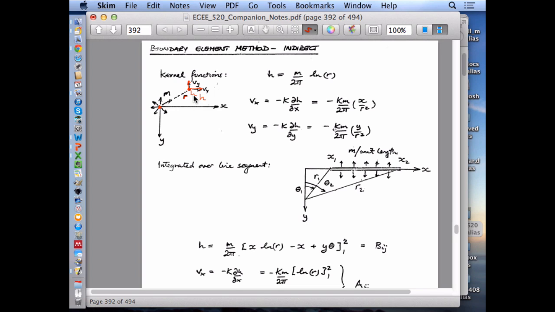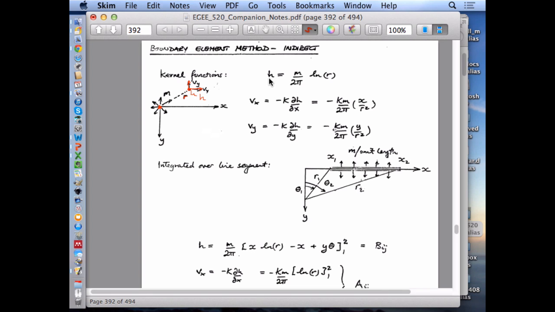So when we've talked about finite element equations, at the boundaries we have either fluxes or pressures. And so the equivalent of this in this terminology are fluxes, which would be the velocities, which have components in x and y, and also the pressures or the heads, which are equivalent. And so the solution for this line source, it's not a point source because it goes infinite length in the z direction.